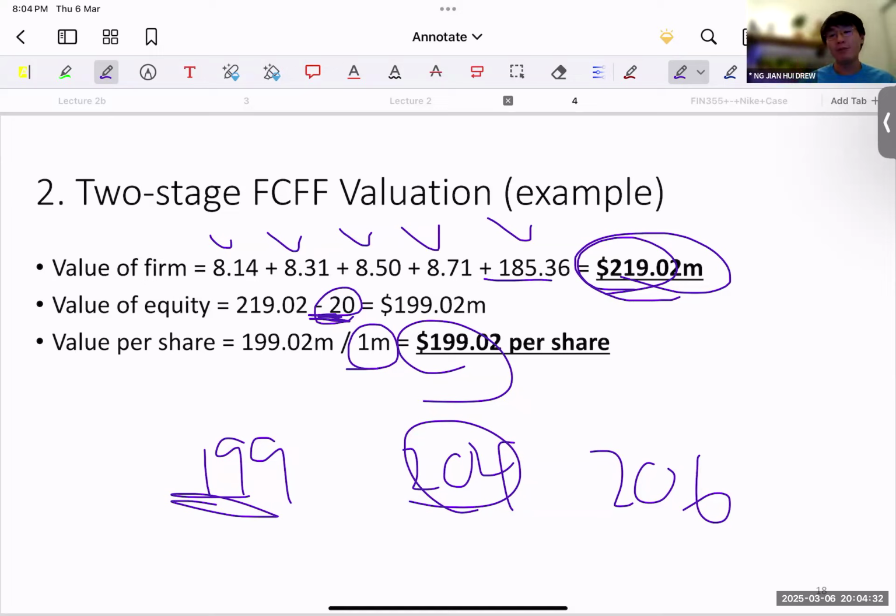Okay, so if your WACC is less than g, chances are something is wrong. In the last lecture, I did mention that I really encourage you to use a market intelligence platform, whether it's Refinitiv, S&P Capital IQ, or Bloomberg. I know some of you are working, so you might have access to Bloomberg.